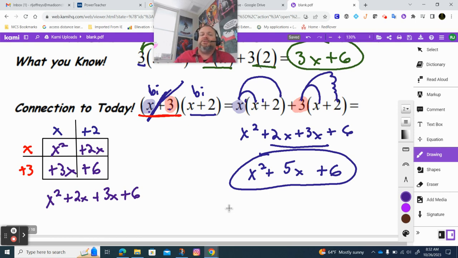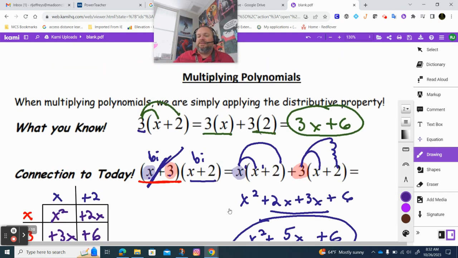These are your options if you have a binomial times a binomial. You can do double distributive property or the table method. Okay. This was a mono times a bi, which we have done for years and done regular distributive property.